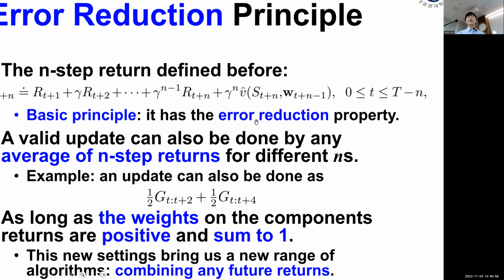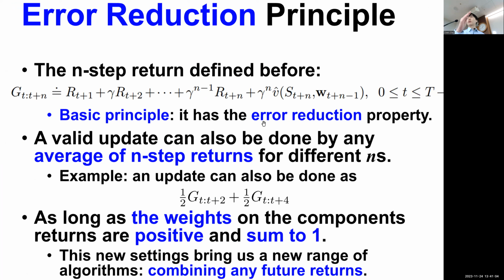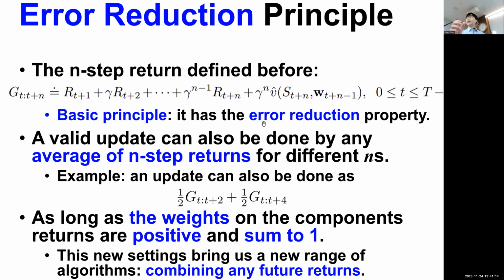Whenever you design something, if you follow this basic principle, it will eventually converge and get close to the optimal state values. As long as there's an error reduction, it should work, right?